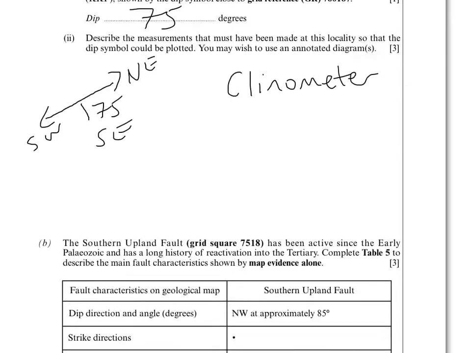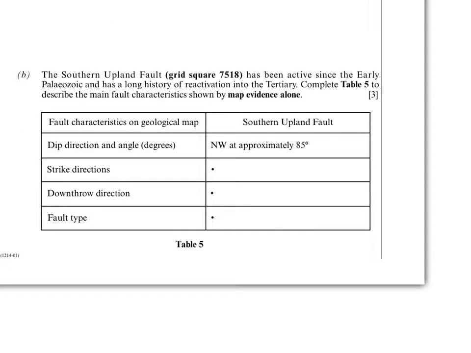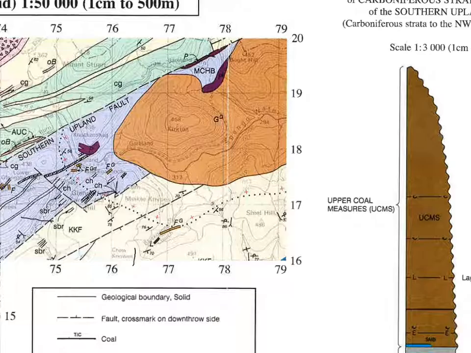Next part was looking at the Southern Upland Fault. It says it's been active for a long time and it's been reactivated more recently, and they just wanted you to find the characteristics of the fault using the map alone. So you had to find the strike direction, the down throw side, and then that would lead to the fault type. They already tell you that it dips northwest at 85 degrees, so we know the fault dips towards the northwest at 85 degrees.